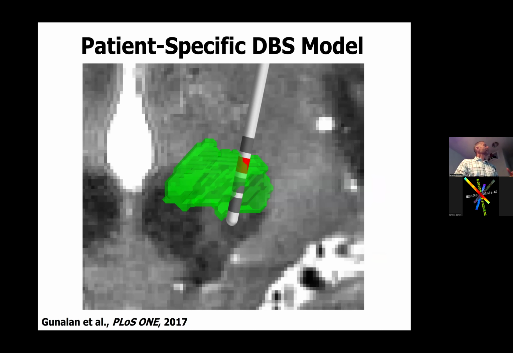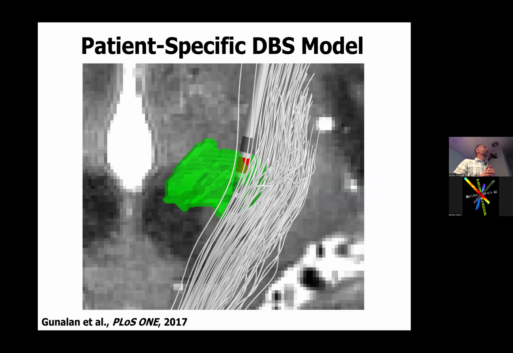So one thing people used early on as a proxy to understand stimulation is this: we don't know all the parts of the basal ganglia that we're going to be stimulating in that area, but for sure we know there's a gigantic white matter superhighway running right by the electrode called the internal capsule, right? And it can be easily reconstructed with tractography on a patient-specific scale with a good deal of accuracy.